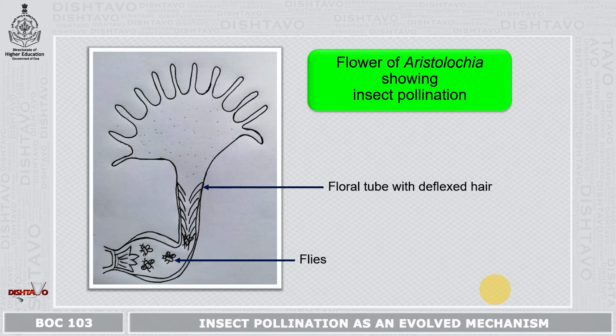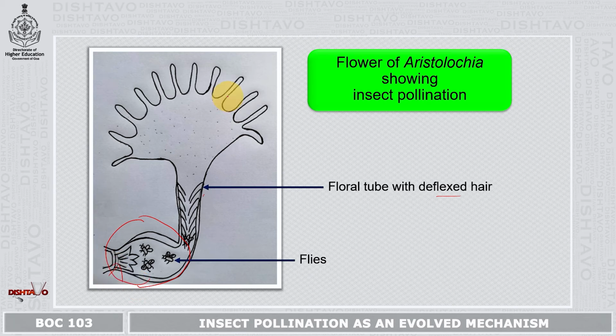You can see here where the arrow is pointing out, this is the floral tube with deflexed hair. And this here at the base is the dilated base of the perianth. And over here are the reproductive structures.